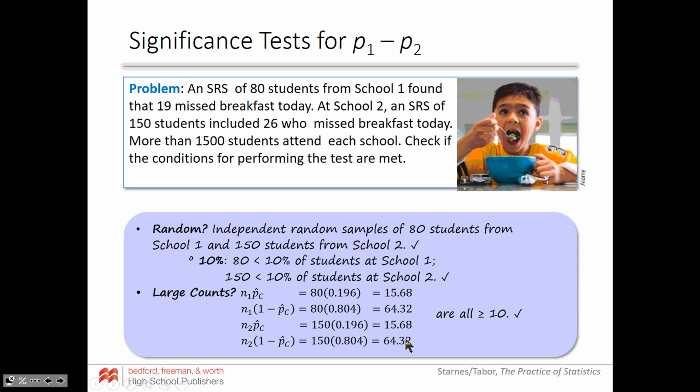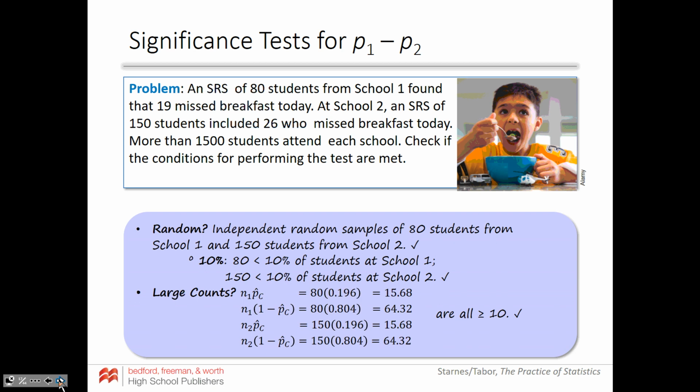We need all these numbers to be greater than or equal to 10. And then we do the same thing with the sample size from school 2: 150 times that combined p hat, and 150 times 1 minus that combined p hat. All of these are greater than or equal to 10. So the large counts condition tells us that the sampling distribution should be approximately normal, so our z-score is essentially meaningful.